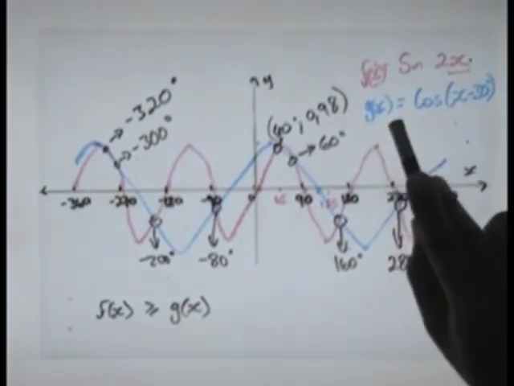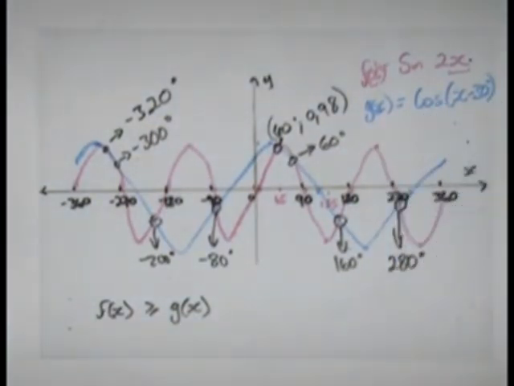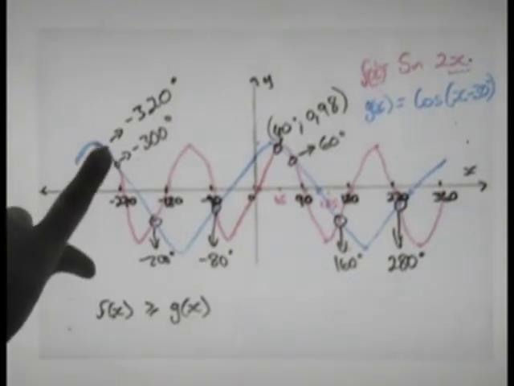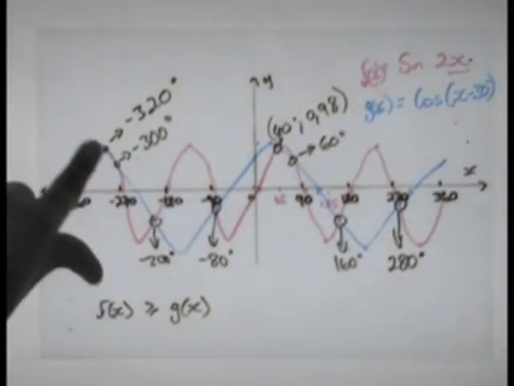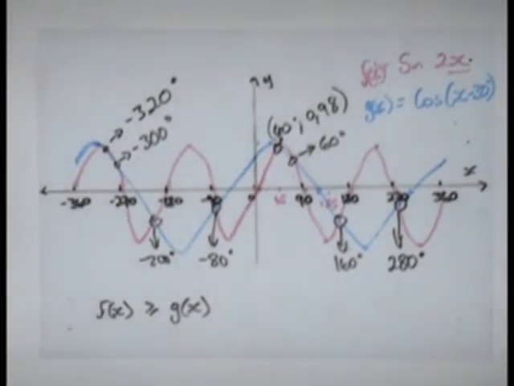G of x is the graph cos of x minus 30 degrees. Basically, I'm asking for which x values is the red graph higher than the blue graph. It's going to be higher than the blue graph over there, even though it doesn't look like it.